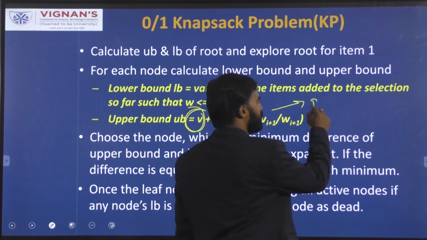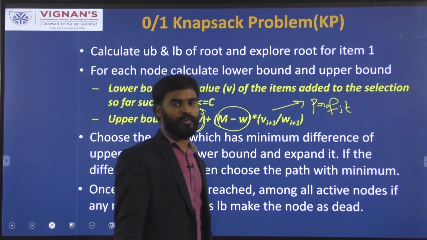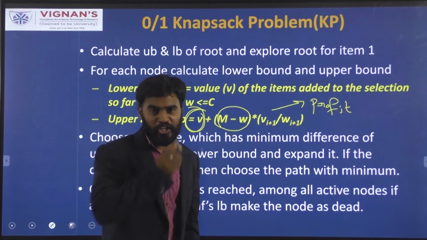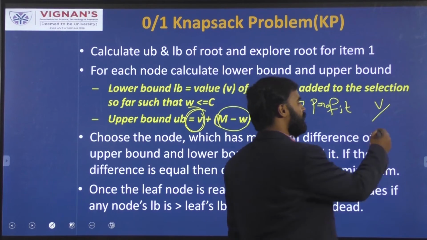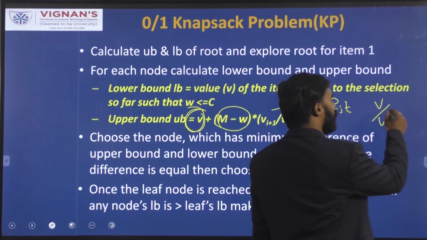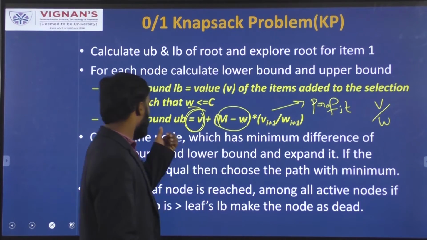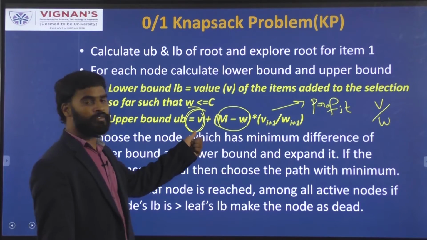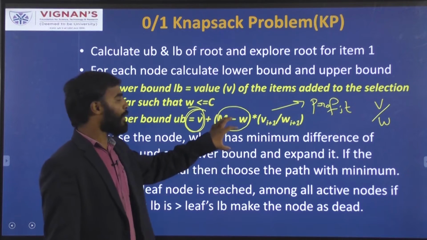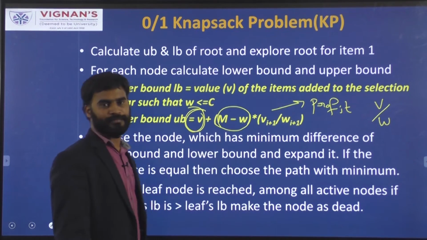This is the profit per unit, which can be calculated by the total value of an item divided by the total weight of an item. So this is the formula for calculating the upper bound: the value of the current selection plus the remaining weight times the profit of the next available item.